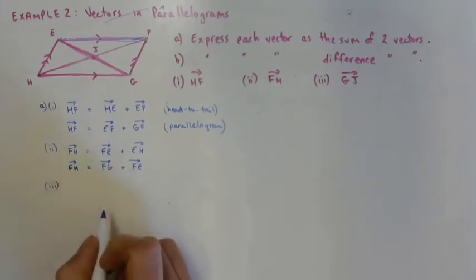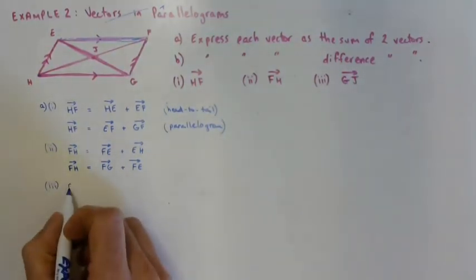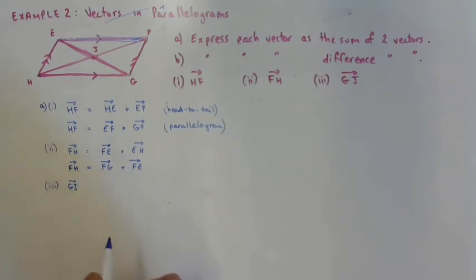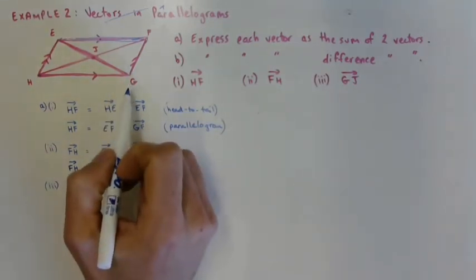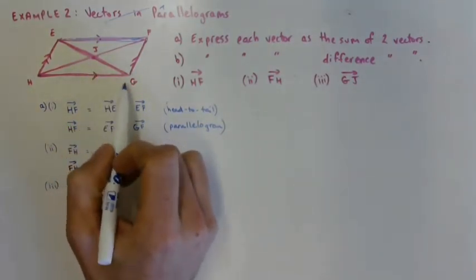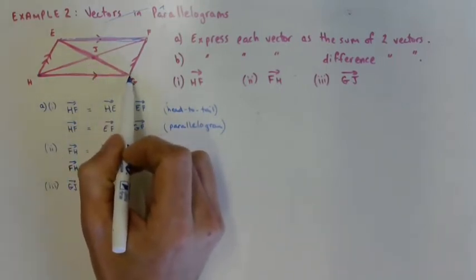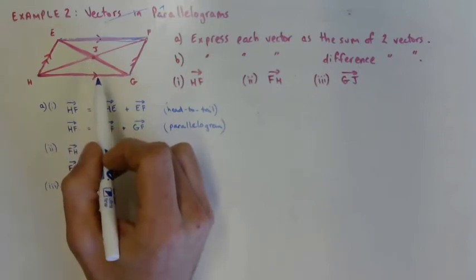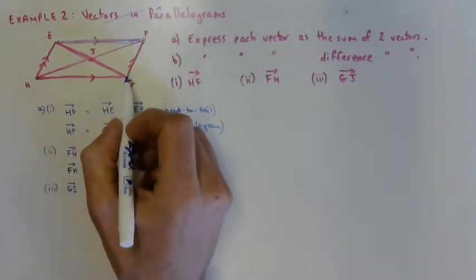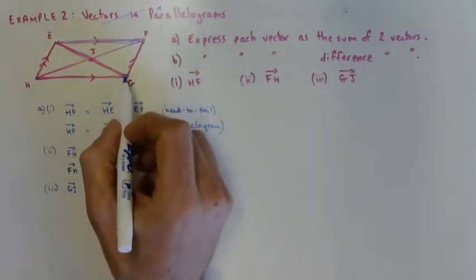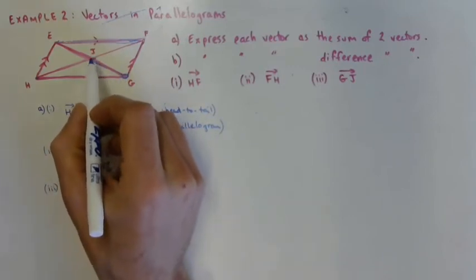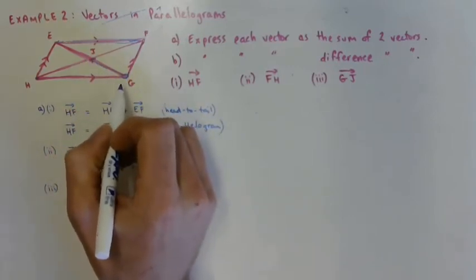All right, number 3 for the sum is GJ. GJ is interesting because it's just a short part of the diagonal here. It's half of a diagonal coming from this corner up to the middle. And basically we're looking at paths that will get us from here to here through vector addition.